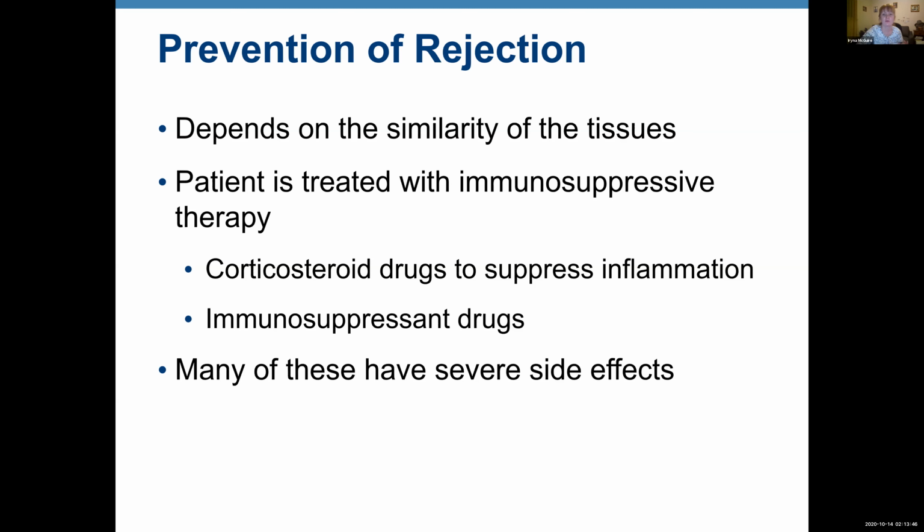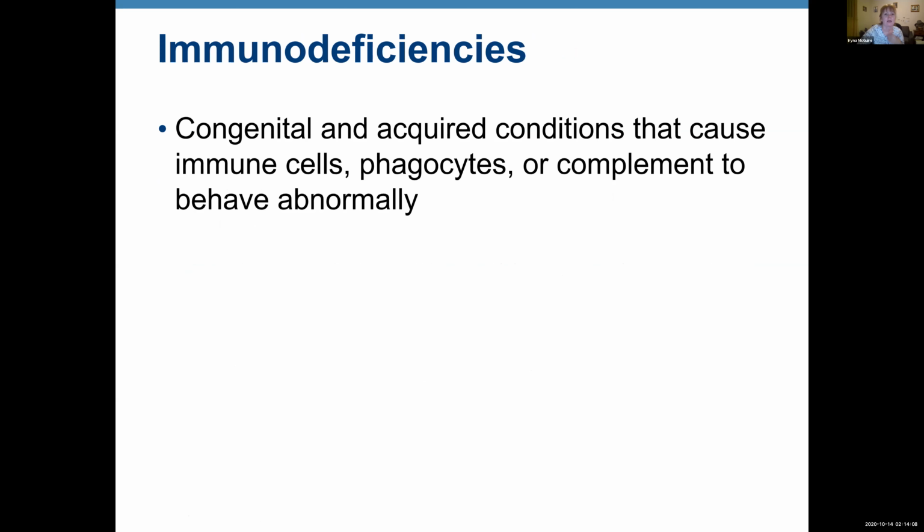The patient is treated with immunosuppressive therapy, like immunosuppressant drugs and corticosteroids to suppress inflammation. So this all suppresses your immune system, so it doesn't allow your immune system to reject that foreign tissue. And many of those medications have severe side effects.